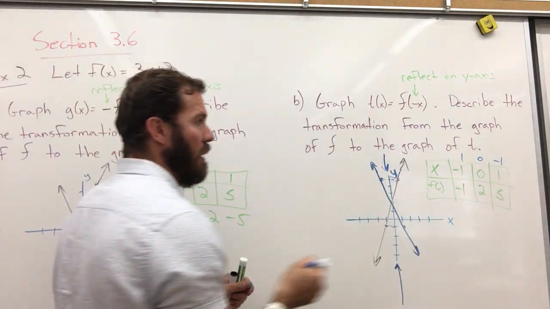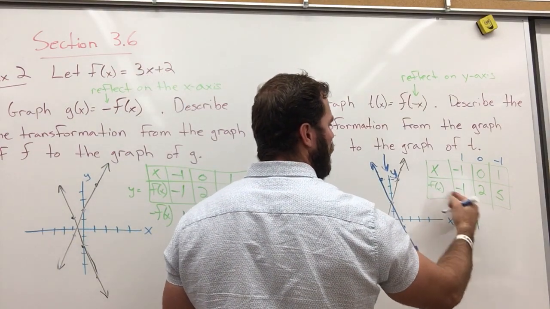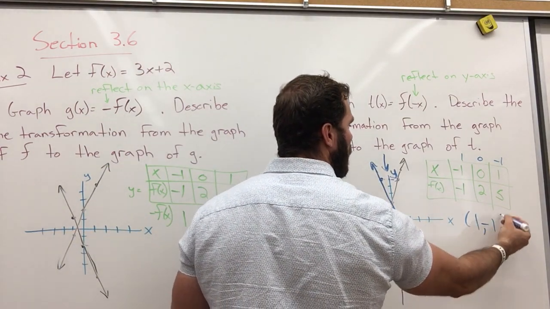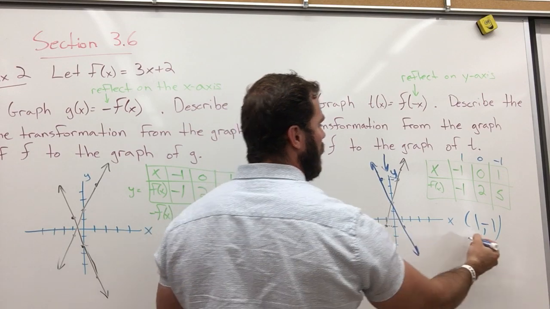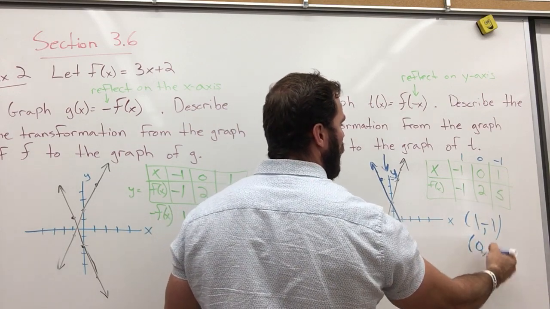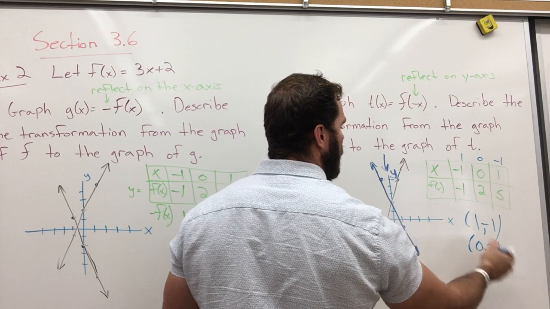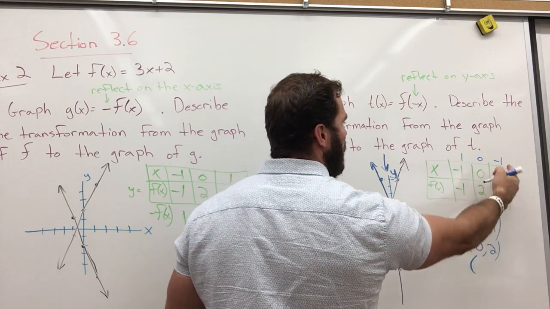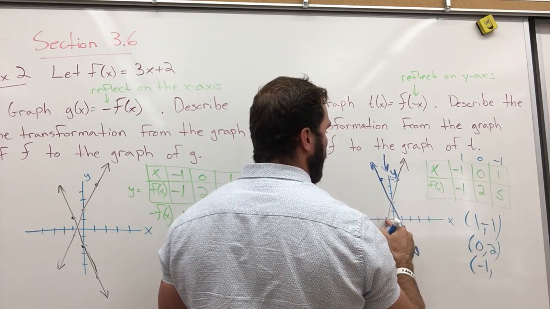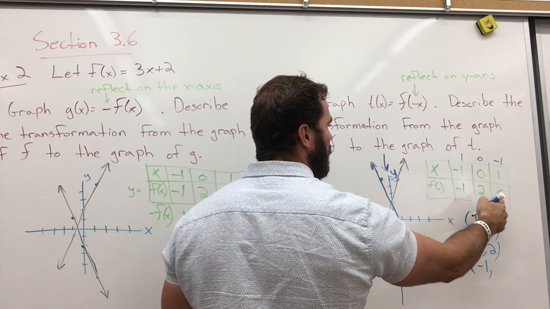And then when x is 1, f of x is -1. 1, -1. When x is 0, f of x is 2. That didn't change. x is -1, f of x is 5.